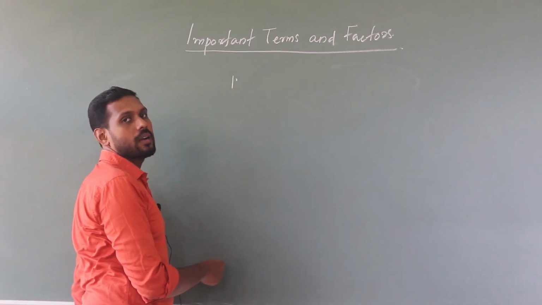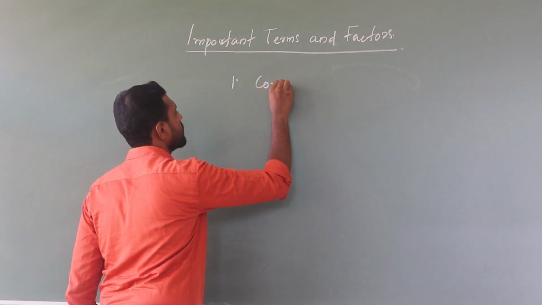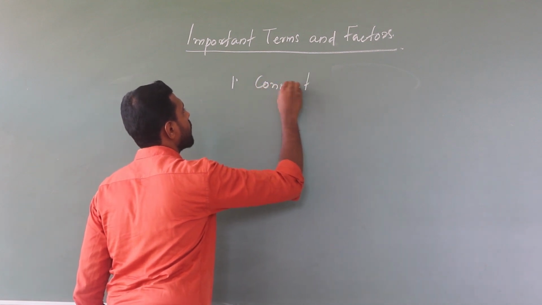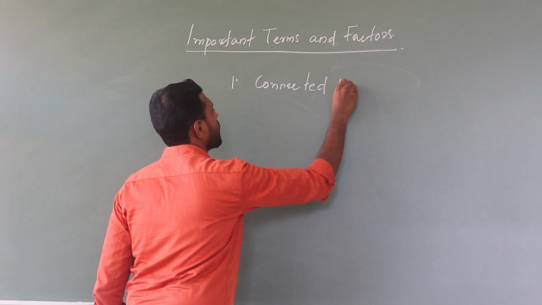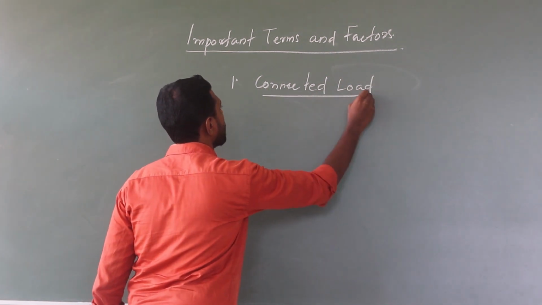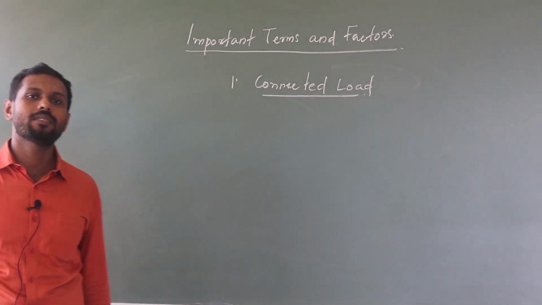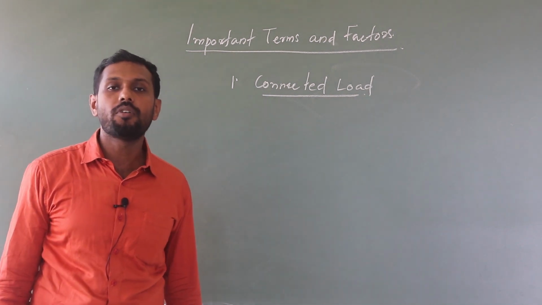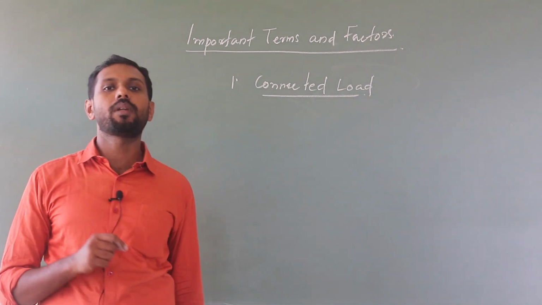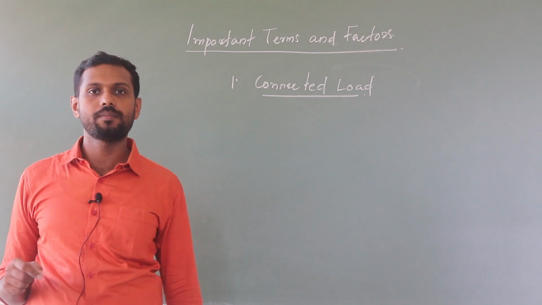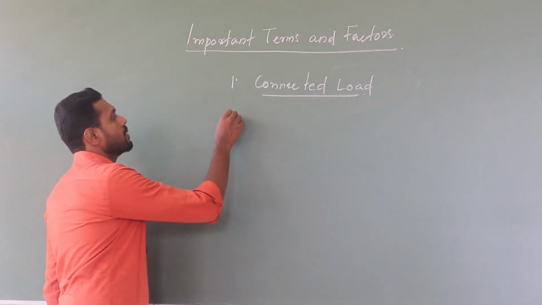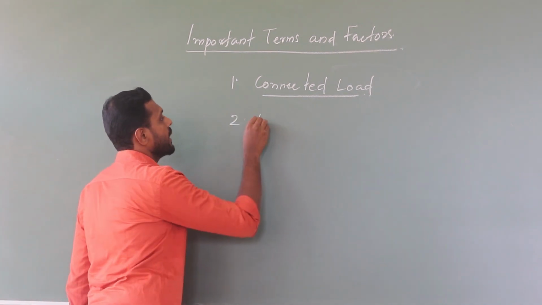First of all, connected load. Connected load means the sum of the continuous ratings of all the equipments connected to a supply system. Then the second term is maximum demand.